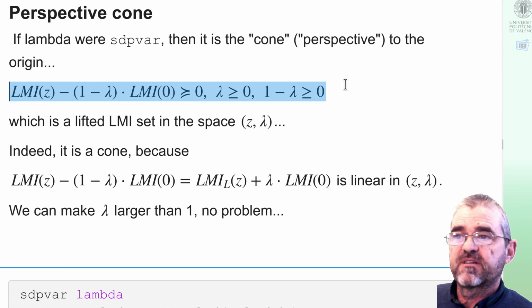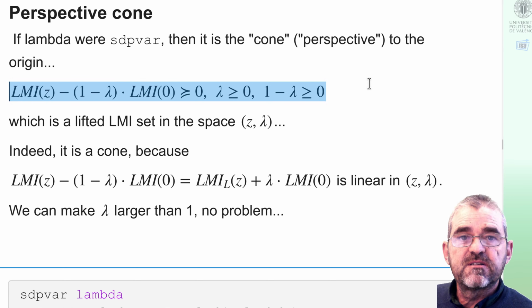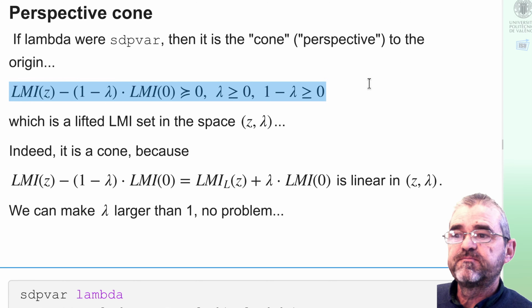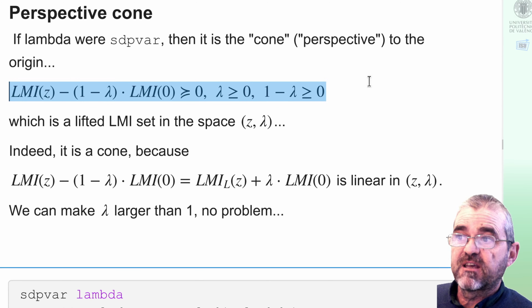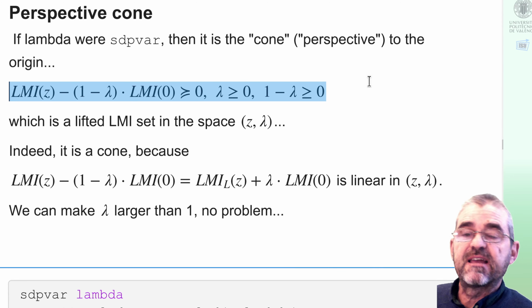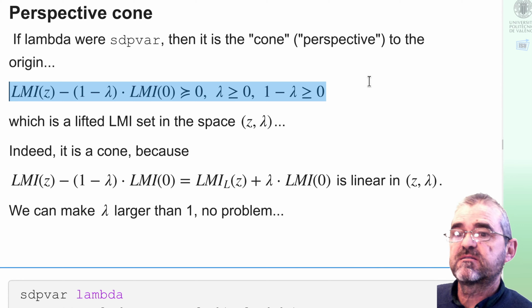So for instance, a cone between 0 and 1 scaling will be this set of 3 LMIs, one which will be a matrix, and 2 scalar ones, 1 times 1 matrices.